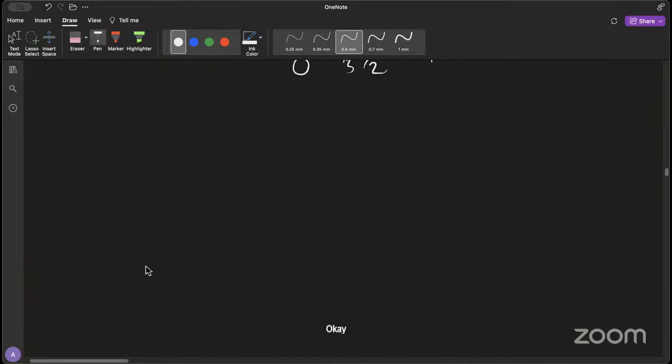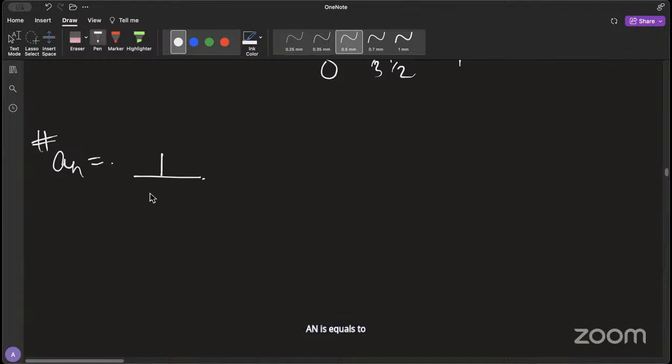Okay. Then let's do this one. Let's say an is equal to 1 by n square. So what will happen to this? Same thing happens there.